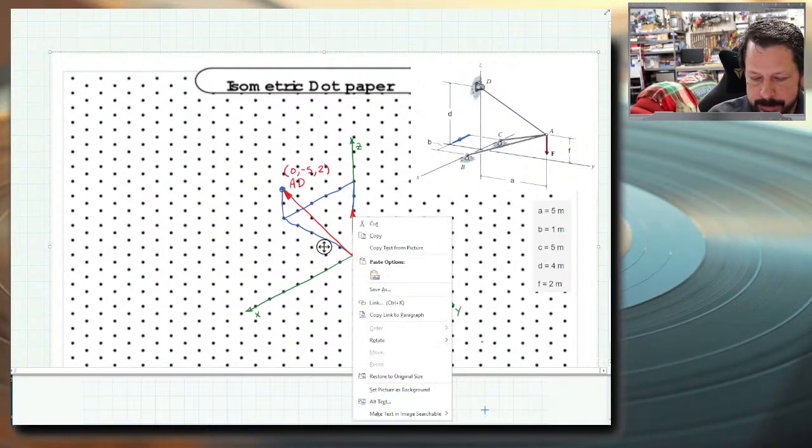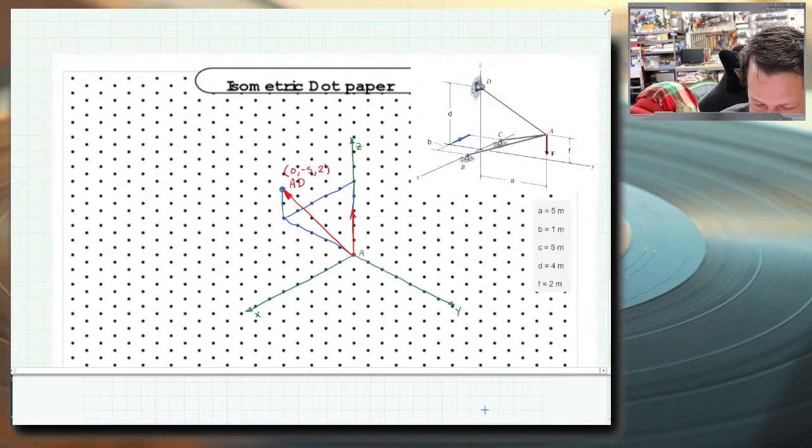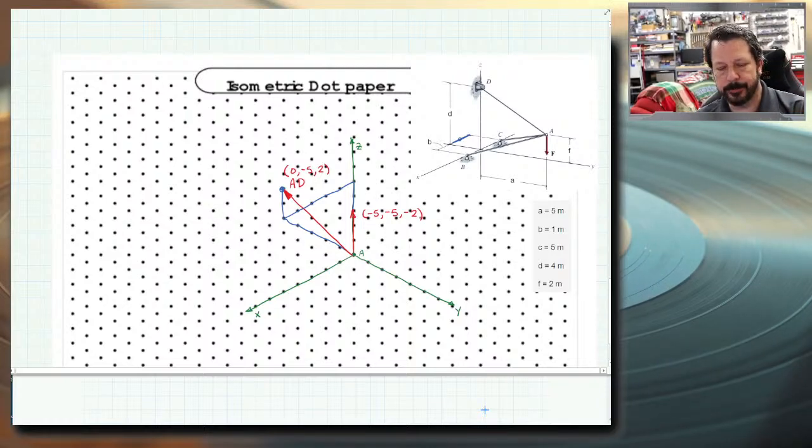So it looks like it's on the z-axis, right? But it's not at all. Its x-coordinate is -5, y was -5, and z was -2. But when you draw it, it looks like it's going straight up the z-axis.